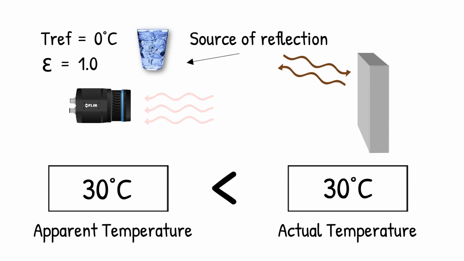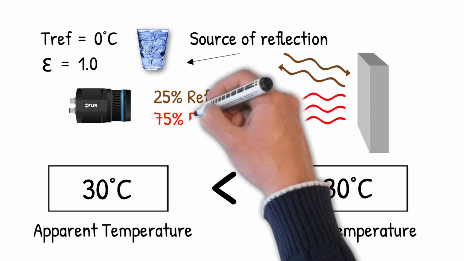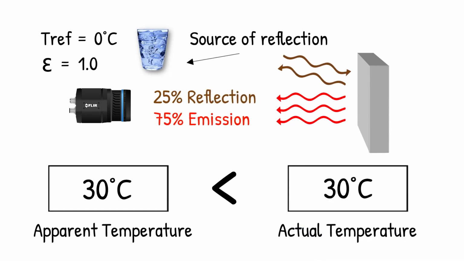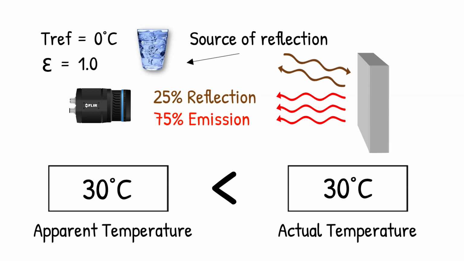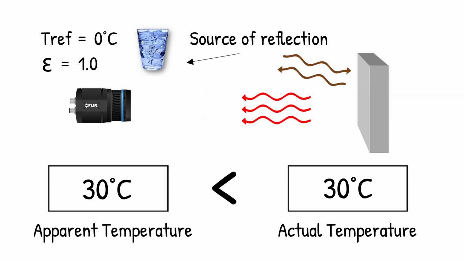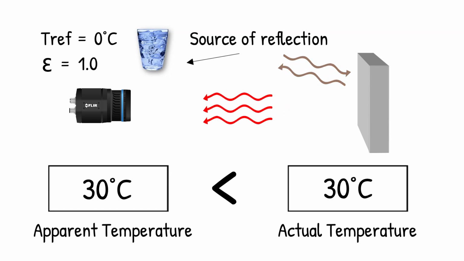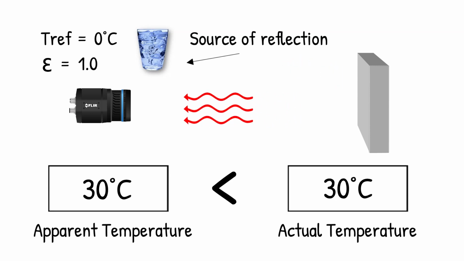Think of it like pouring 25 parts of 0 degrees C cold water into 75 parts of 30 degrees C water. Similar to the cold water diluting the warm water and reducing its temperature, the colder reflected radiation will dilute the warm radiation emitted from the target surface.